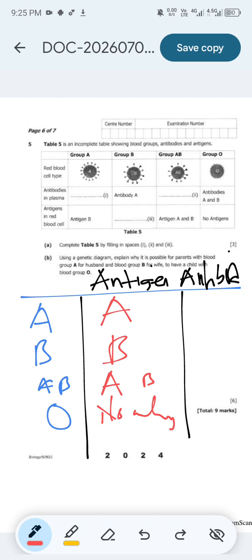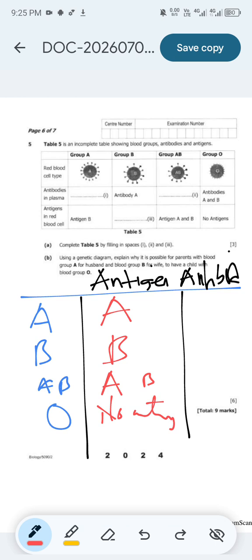So what is an antigen? An antigen is more like an identity. So how are we going to identify that this is blood group A? It is when we see an antigen A. So this is simple. Whenever you are talking about an antigen, just know that an antigen is an identity. So the identity of something, you just look at it.